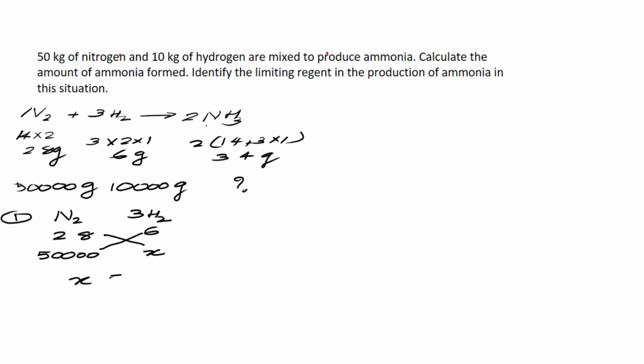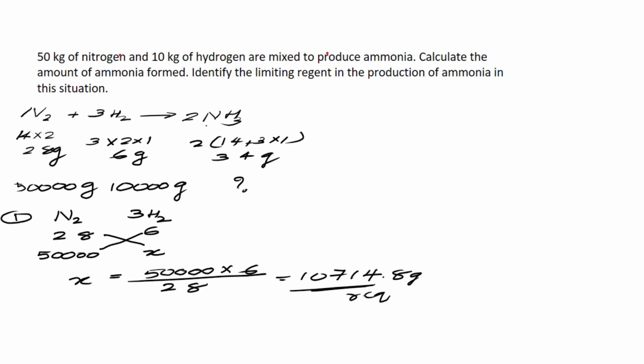So let's calculate X by cross multiplying. That is 50,000 into 6 divided by 28. The answer is 10,714.8 grams. So this number represents the amount required. This is the required amount of hydrogen.